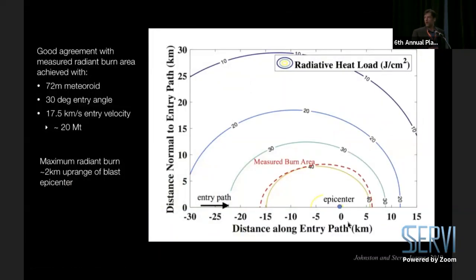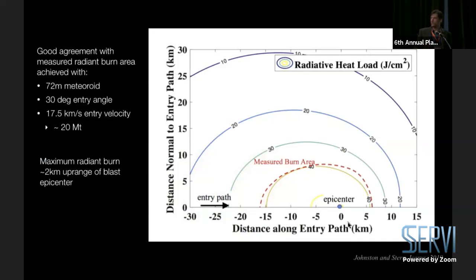To cut to the chase, when we input this into a semi-analytic trajectory code and play around with some of the input parameters, we can select a 72-meter object, a 30-degree entry angle, and a 17.5 kilometer per second entry velocity, which corresponds to about 20 megatons, which for those who've studied this is probably a bit on the high side for what people think.